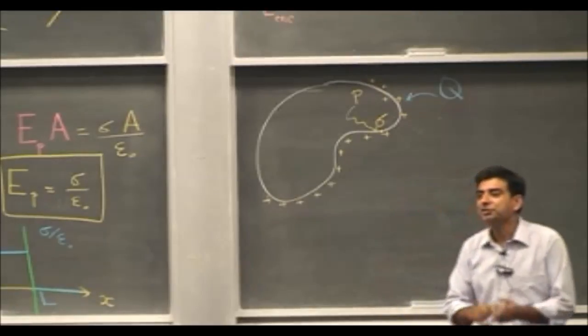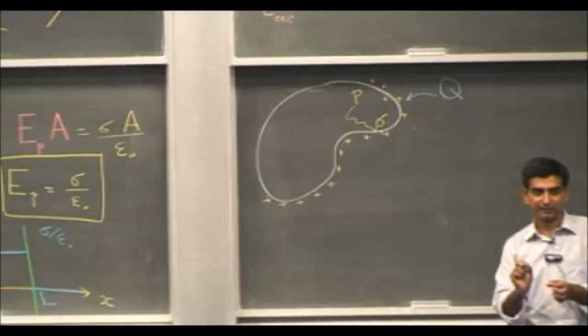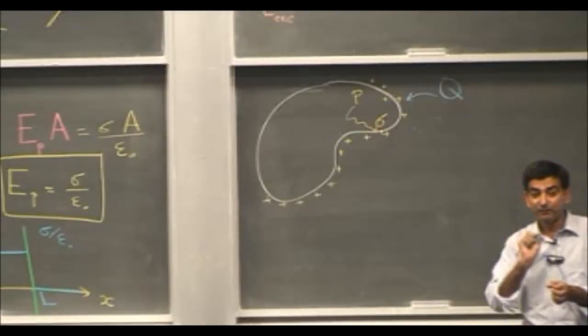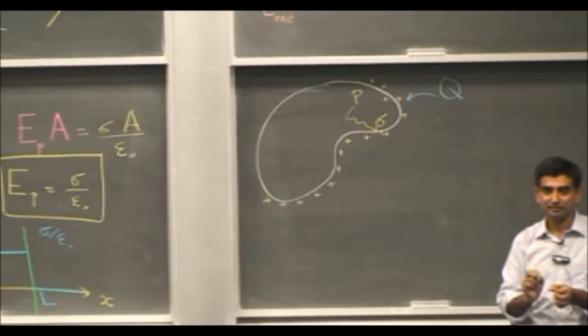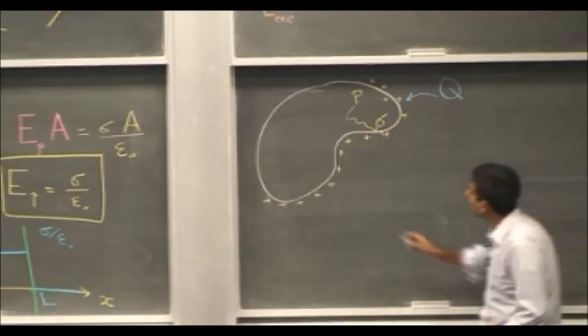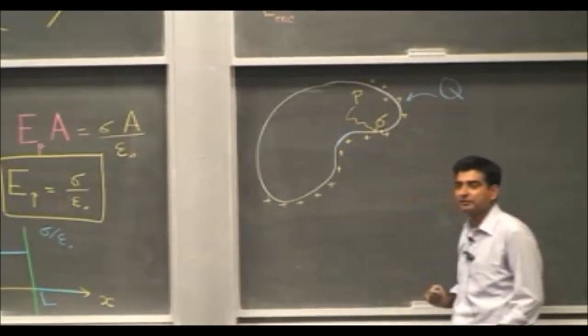Exactly, very good. Charges generally tend to accumulate on sharp edges, like points. That's why lightning conductors are pointed.